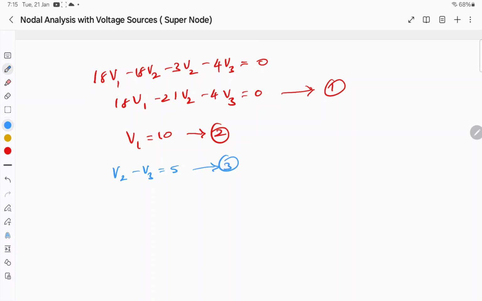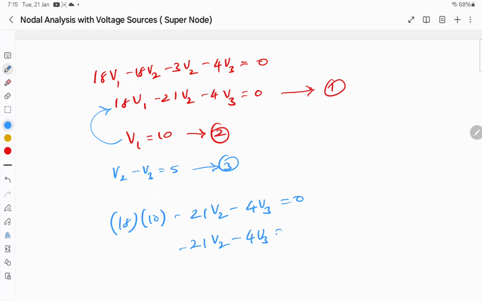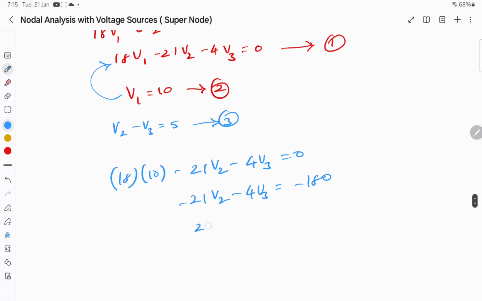Now you keep solving the equations. You should be getting the voltages, right? By substitution. So substitute V1 in equation 1. It would be 18 times 10 minus 21V2 minus 4V3 equal to 0. So minus 21V2 minus 4V3 is going to be minus 180. So it is 21V2 plus 4V3 equal to 180.